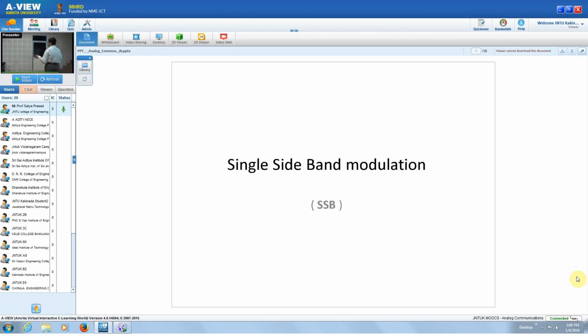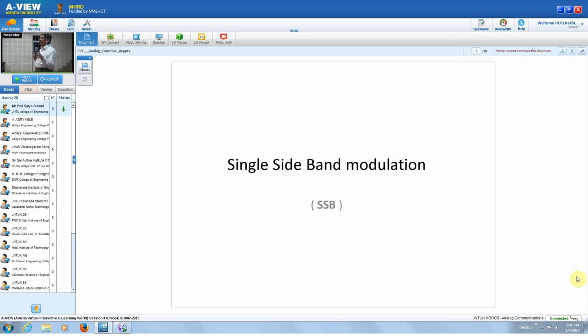Whereas we have in the sidebands one with omega c plus omega m and another with omega c minus omega m, or fc plus fm and fc minus fm, and both these sidebands carry the frequency fm.